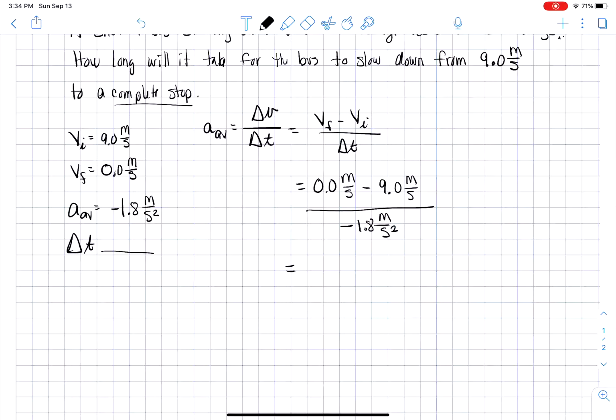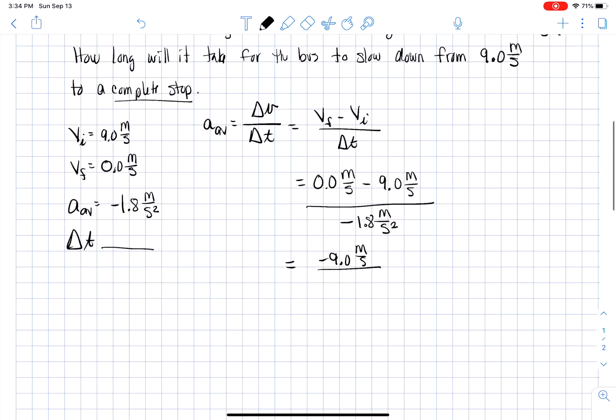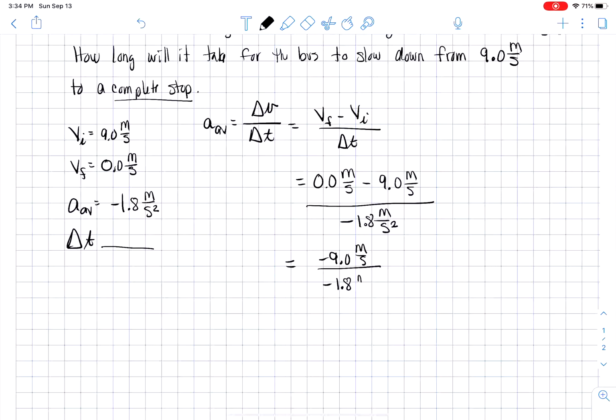and the numbers, 0 minus 9 is negative 9.0 meters per second, and that's over negative 1.8 meters per second squared. So the negatives cancel out, which is legal.